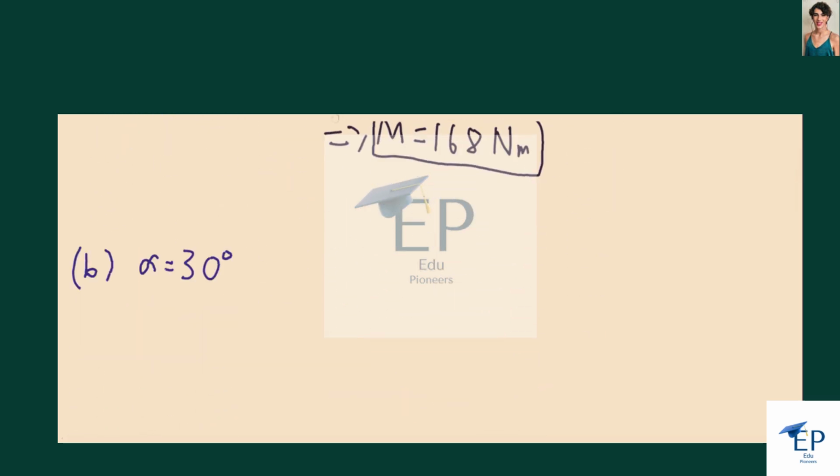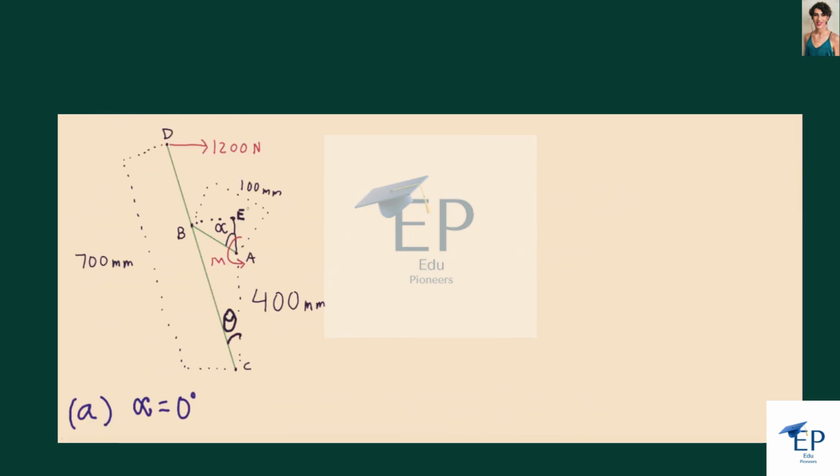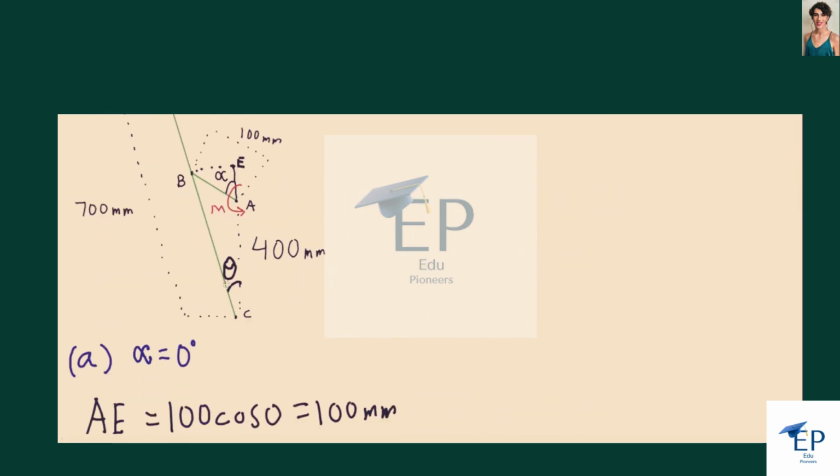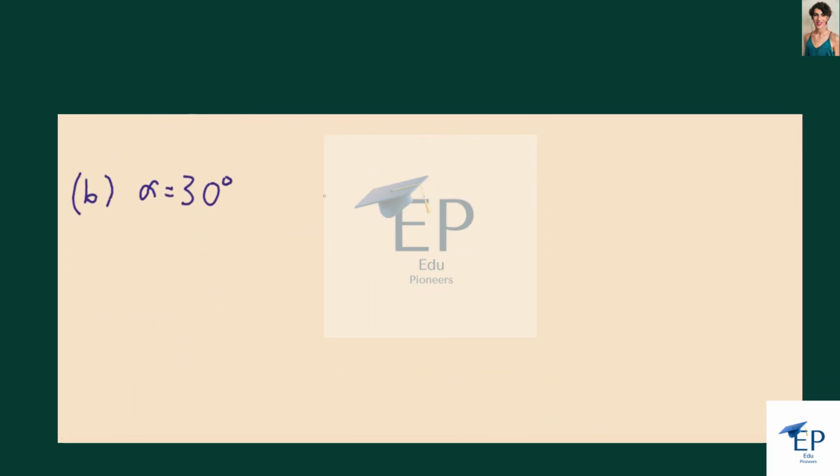And for part B, we're going to do a similar approach. So we're going to start by finding some unknown lengths within our free body diagram. So we're going to start by finding the length AE.